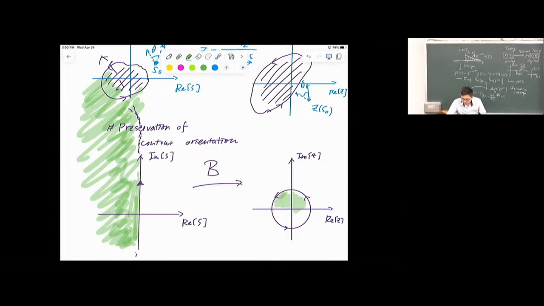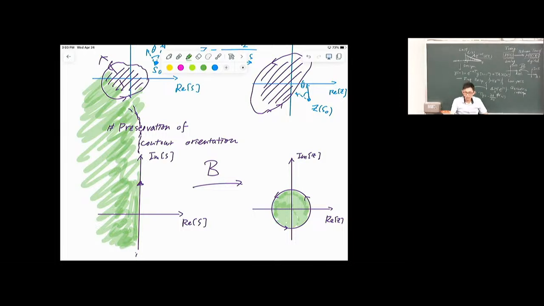Of course, you can also show this in other ways. But more generally, this is a direct result from an intrinsic property of conformal mapping. Inside to inside, left-hand side to left-hand side, when you go along a path. So what does that mean?